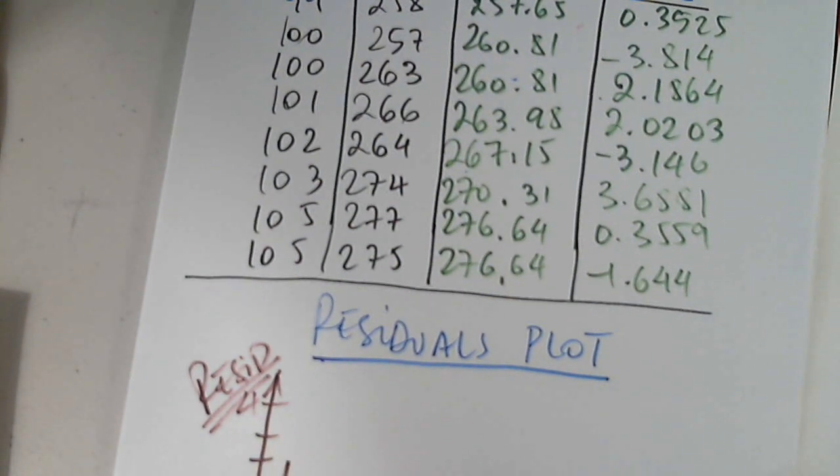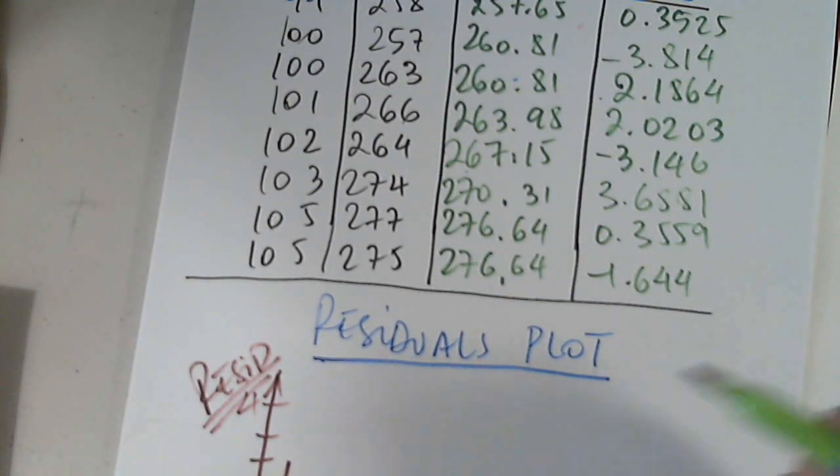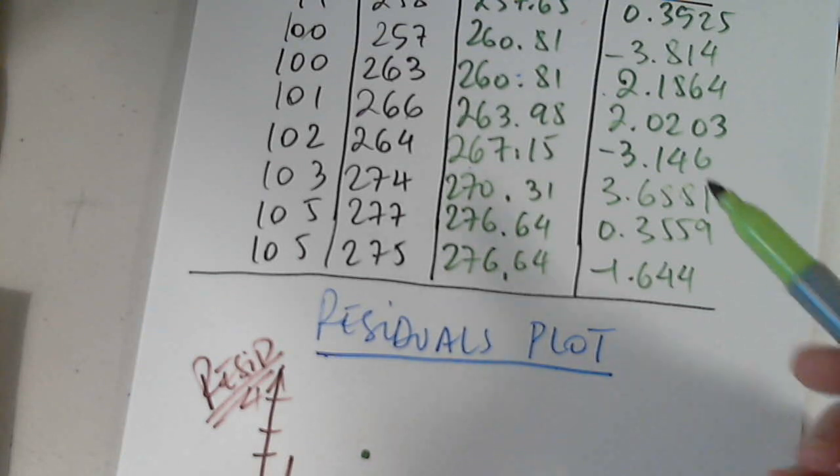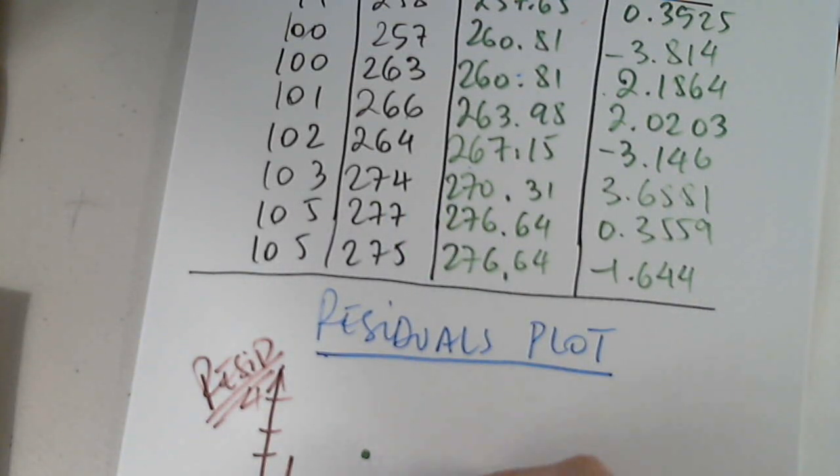Okay, so for 99.35, somewhere here. For 100, negative 3.8. For 100, also 2.1. For 101, 2.1, roughly 2.